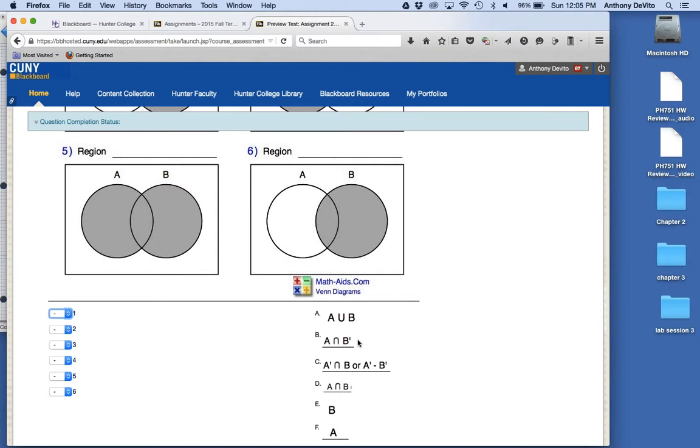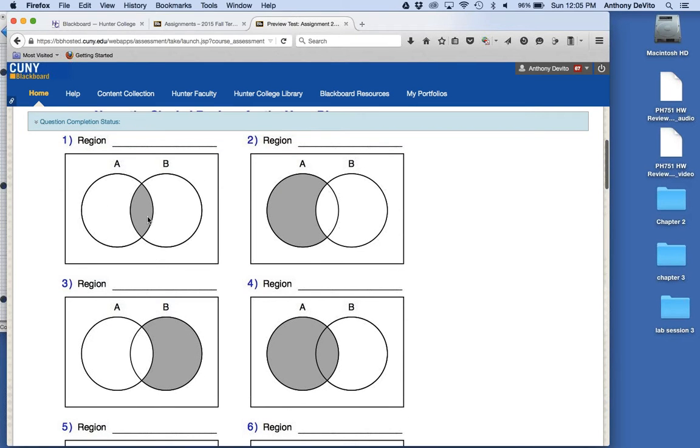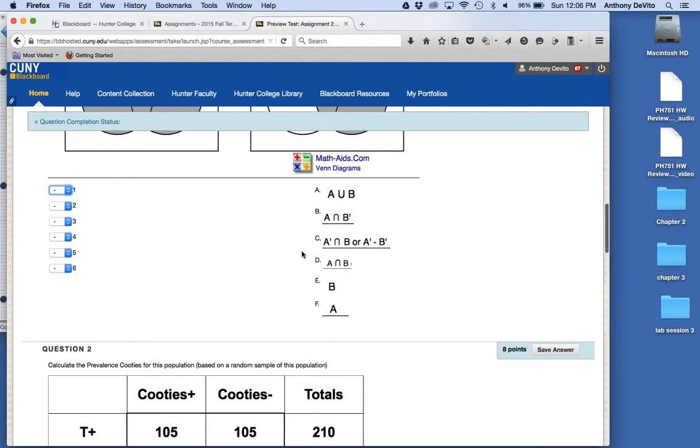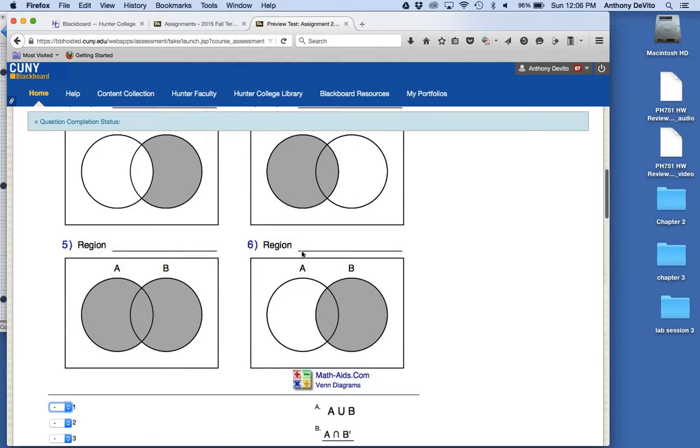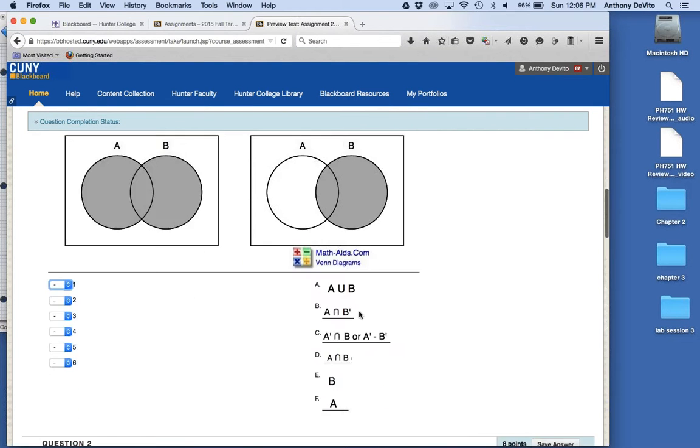Now intersection is a little bit different. With intersection, we are saying that it has to satisfy both A and B. So what would satisfy both A and B? This section in here satisfies both, so it's A intersection B. Next thing we might run into is the prime, which represents not that value.